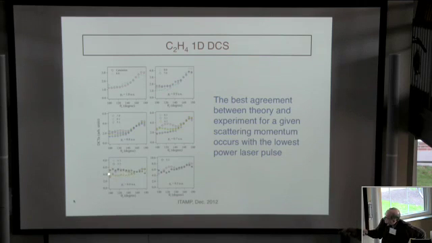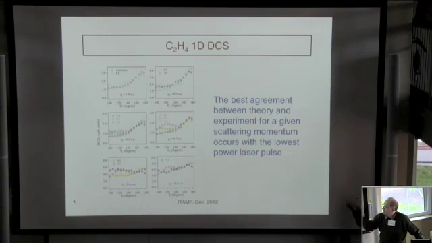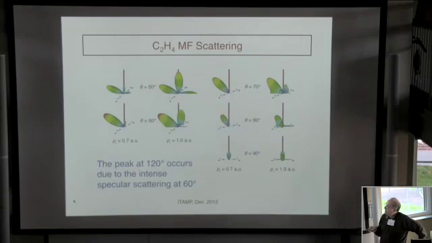And similar down here, at the higher intensity light for the same momentum, the agreement's a lot worse than for the lower intensity light. So by picking out only the highest momentum for a given intensity, you can see you're getting close to the electron ion rescattering, scattering from the molecular ion.